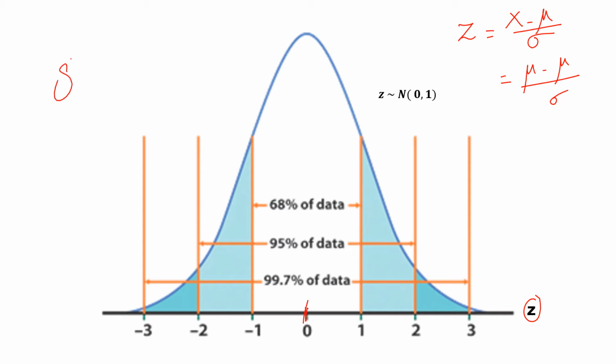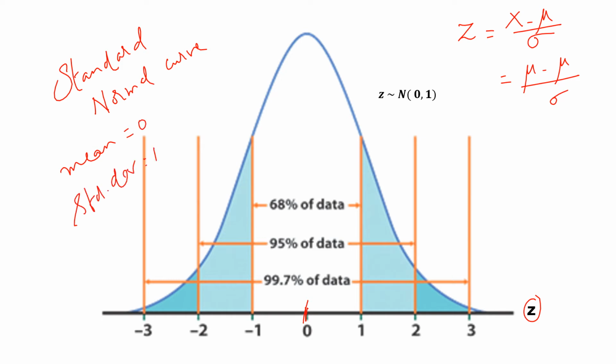So this is my standard normal curve. For a standard normal curve, the mean is always 0 and the standard deviation is 1. So we denote that by z, which is normal with mean 0 and standard deviation 1.